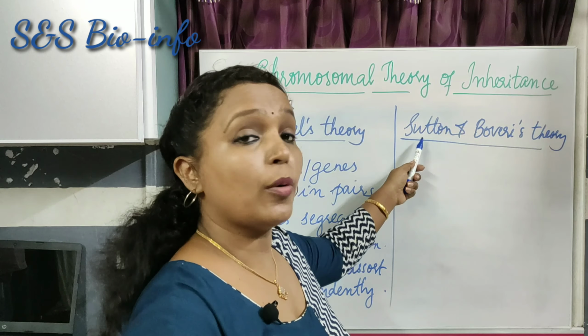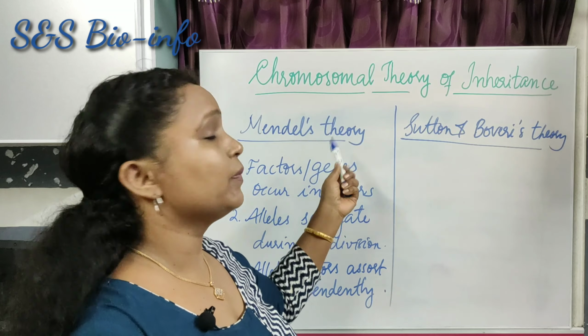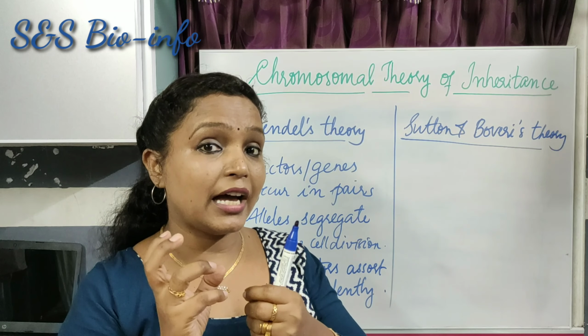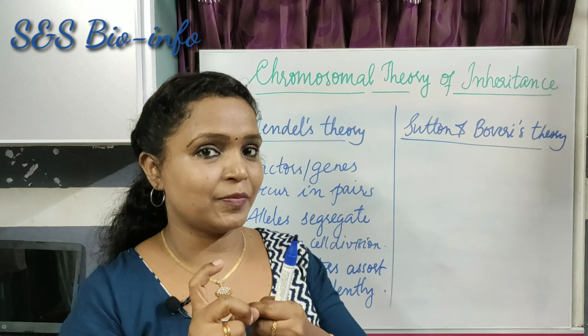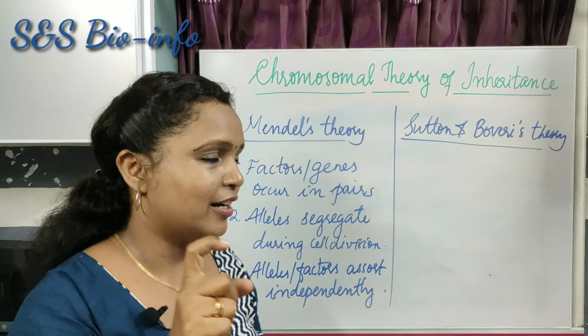When we think about the chromosomal theory of Sutton and Boveri, according to them, the chromosomes occur in pairs. Those chromosomes carry the genes or factors. Chromosomes which have these genes or factors occur in pairs.